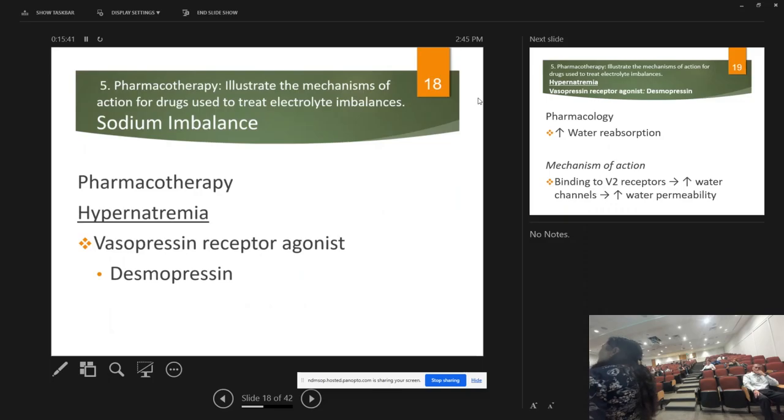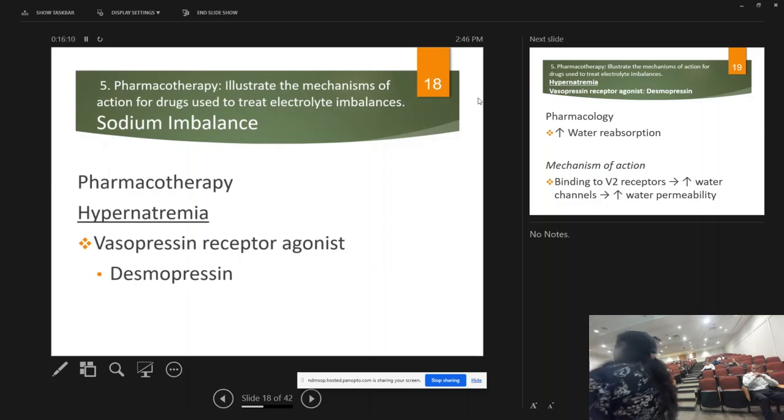So for hypernatremia, you want to use these two drugs, which are the vasopressin agonist and also desmopressin. These two drugs are going to help you, because remember, maybe the ADH levels are not as good in some patients, so you have to artificially provide them so that they can stimulate the insertion of the water channel.